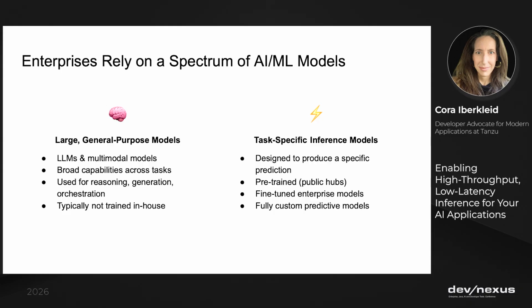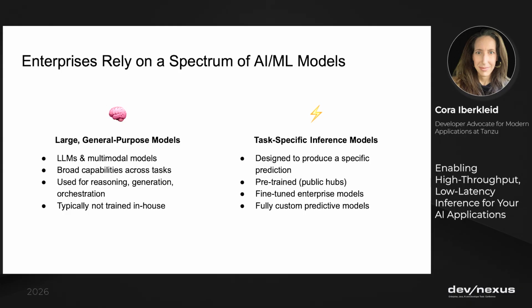If we think about these LLMs generally, or the language or other kinds of multimodal models, as larger general purpose models, they have broad capabilities. We rely on them for complex things like reasoning, and typically they're not trained in-house, right? We use provided ones. Versus task-specific models that are designed for very specific purposes, to produce a prediction, to help with a specific decision.